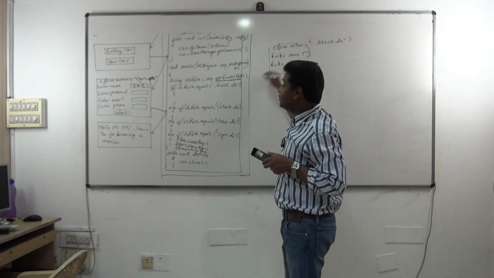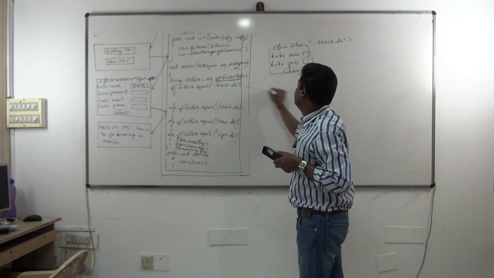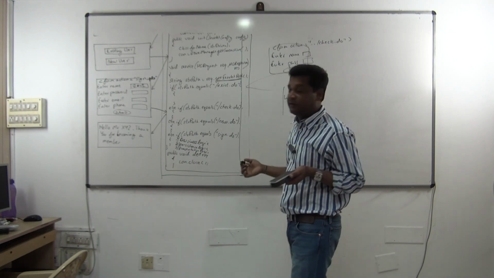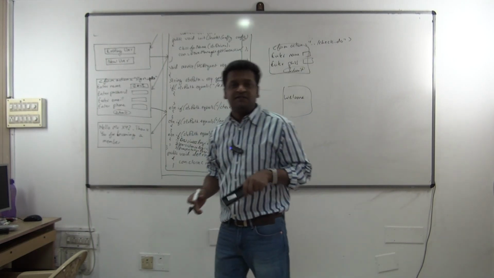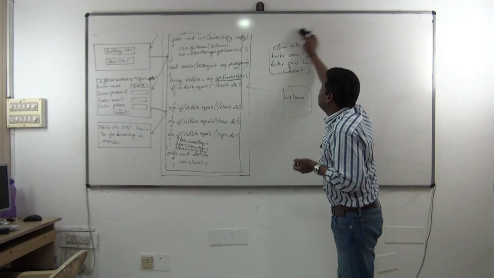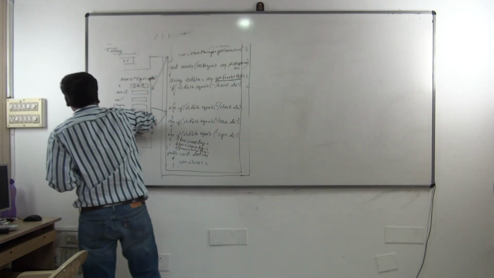Like this, you enter the name and password and submit. It will say welcome, hello Mr., if it is correct, welcome, else not welcome. But all the requests are going to a single servlet. That's the idea. Clear? So this is the full diagram of your application.